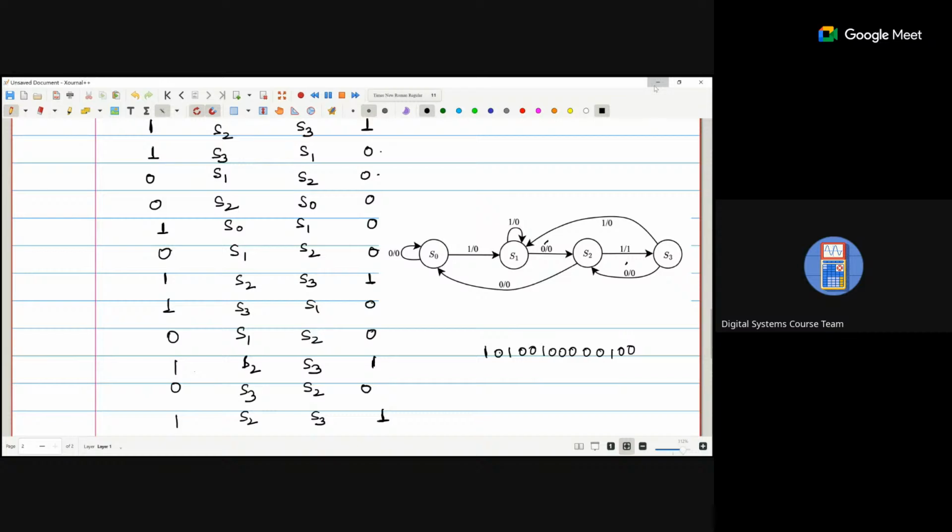Okay, the sequence detector in figure 2 has an implementation using the JK flip-flop. Select all the options that correctly define the input of the JK flip-flop. Okay, so this is the MSB, this is the LSB.